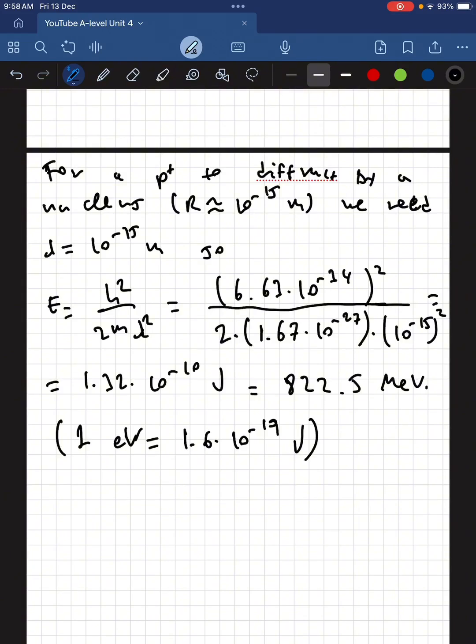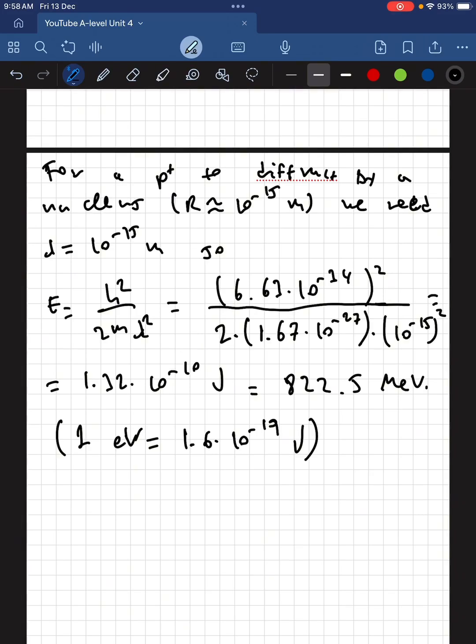Okay, and I'm not going to write this down, but 1 electron volt is the energy of a proton that has a charge of E, or an electron that has a charge of minus E passing through a voltage of 1 volt. Okay, so that's quite large of an energy.